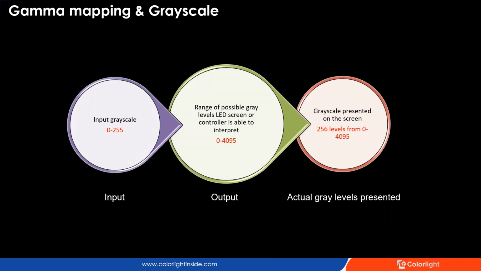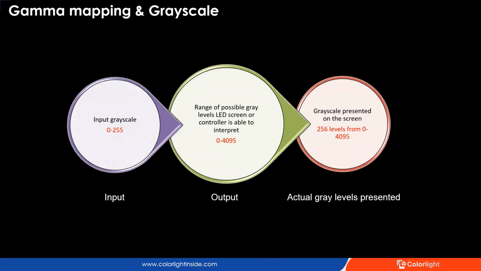Video input grayscale also refers to color depth, which is measured in bits. 8-bit equals 255 gray levels, and 10-bit equals 1023 gray levels. Video input gray level is usually 8-bit or 10-bit. 12-bit is still very rare in the market today.